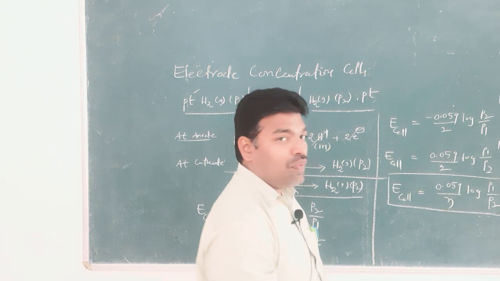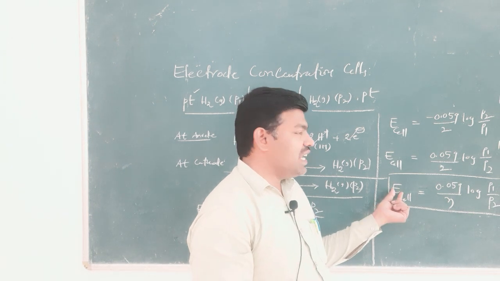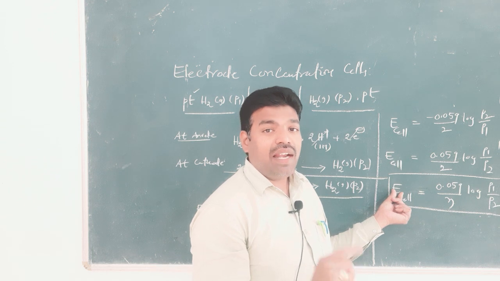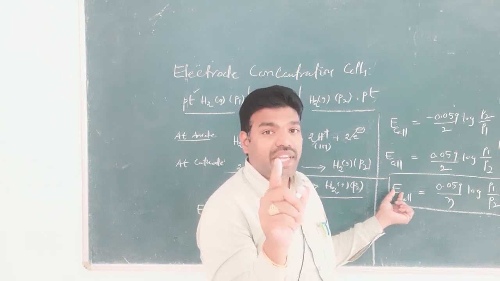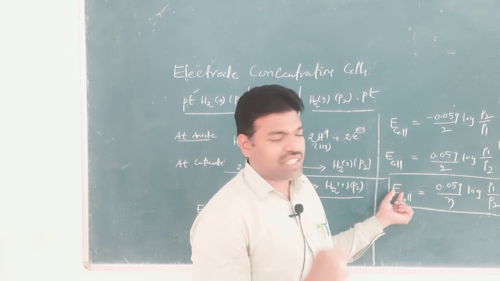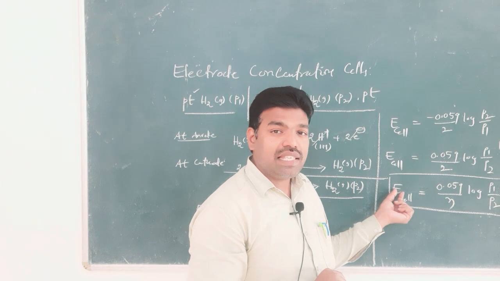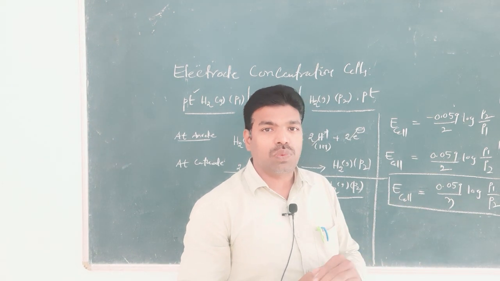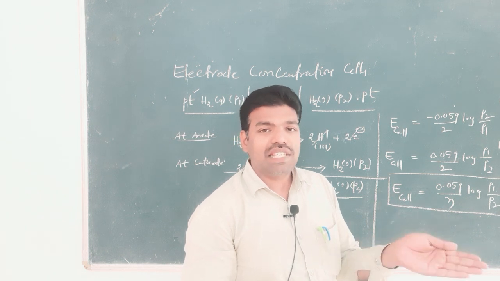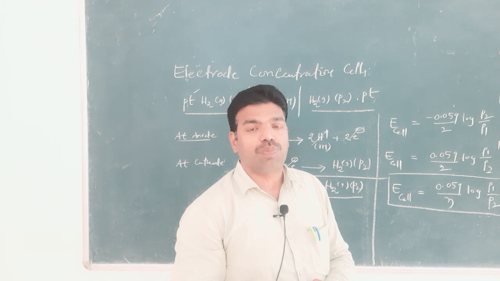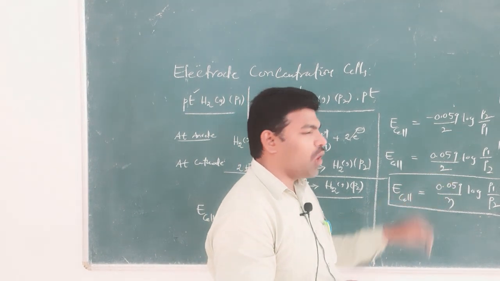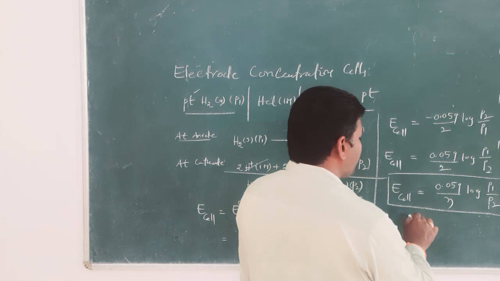We know that EMF of a cell is linked to the free energy of the reaction, and free energy determines the spontaneity of the reaction. For example, if E cell comes out to be positive, then delta G becomes negative. If delta G is negative, then that reaction is spontaneous. Here, for E cell to be positive, P1 must be greater than P2.